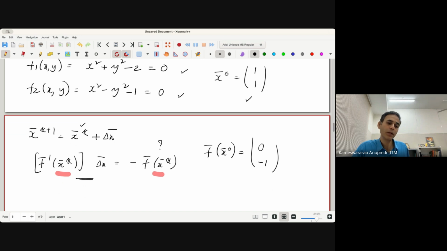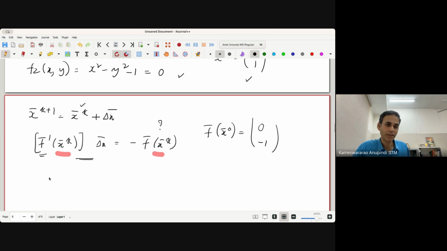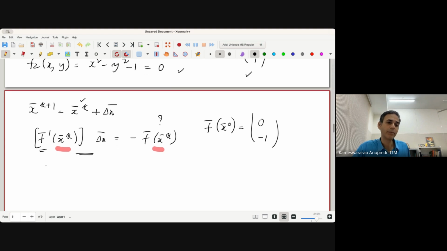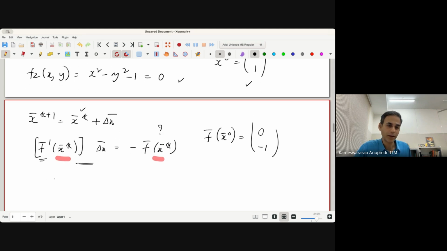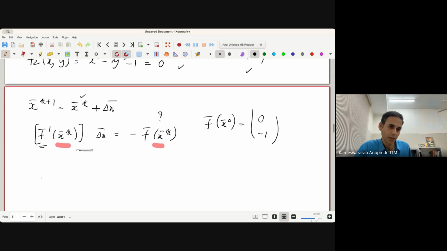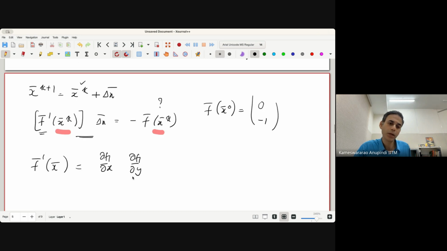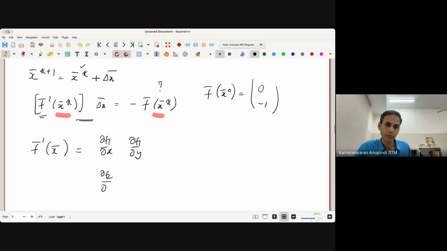Then I have to formulate f bar prime of x bar k. That means first I have to calculate f bar prime, then I can substitute it at x bar k. So how do I calculate f bar prime? F bar prime at x bar equals partial f1 by partial x, partial f1 by partial y, partial f2 by partial x, partial f2 by partial y. This is exactly the same as what we had before.